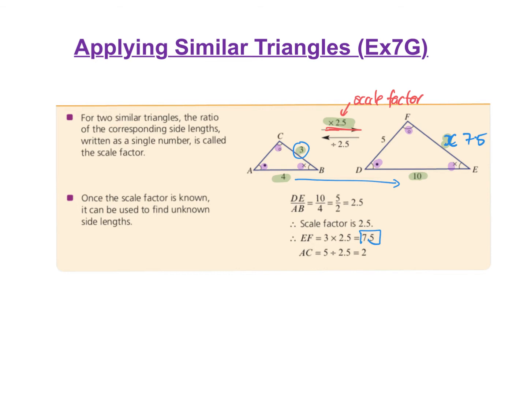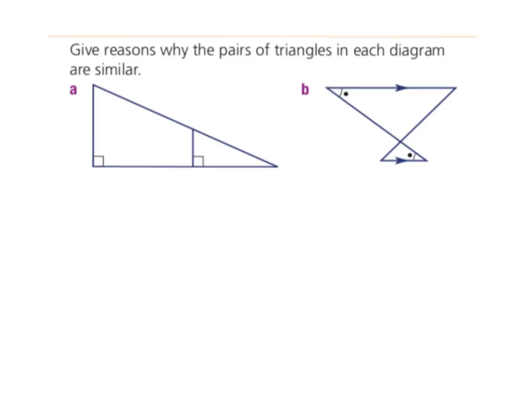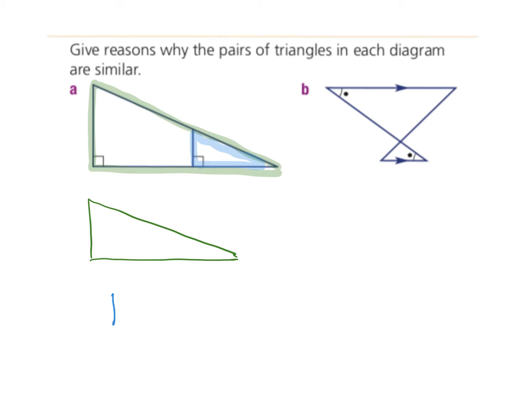All right, so let's have a look. Give reasons why these pairs of triangles in each diagram are similar. I'm going to draw them out separately. We've got the big green triangle and the smaller blue one.